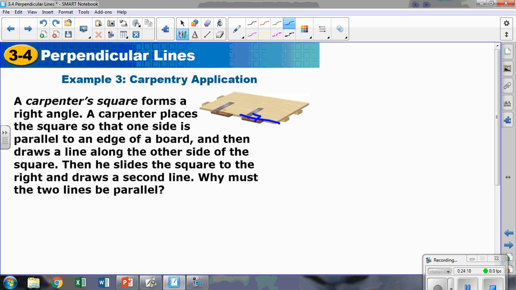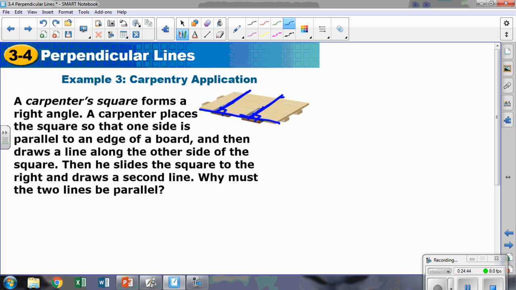Slide that over and draw another 90-degree angle. And after you've started these drawings for each one, you can extend it all the way across the board like that. And the whole purpose for drawing those is it then guarantees that these two pieces are going to maintain the good 90-degree corner from the original board.